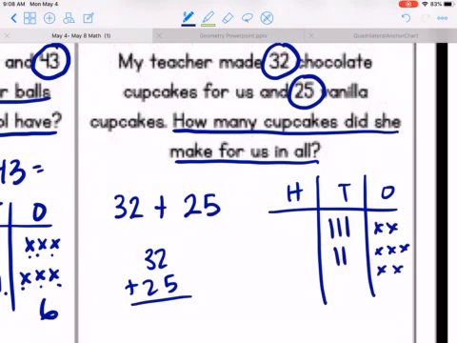Count up all my ones first. 1, 2, 3, 4, 5, 6, 7. And then tens, 1, 2, 3, 4, 5. Check it over here. 2 plus 5 is 7. 3 plus 2 is 5, 57. So she made 57 cupcakes for us in all.